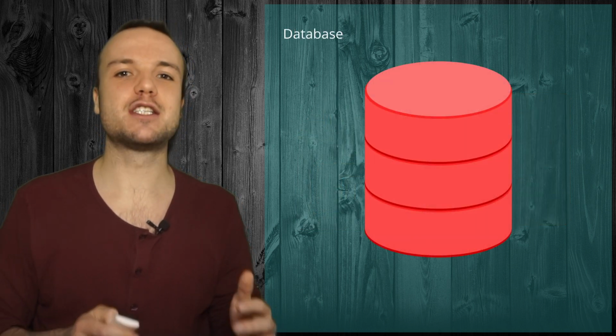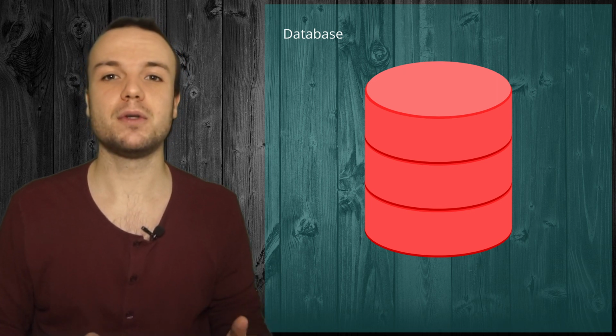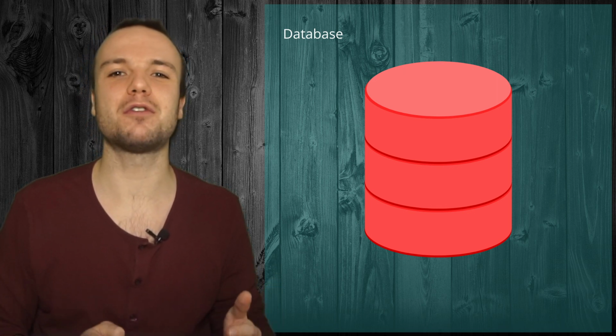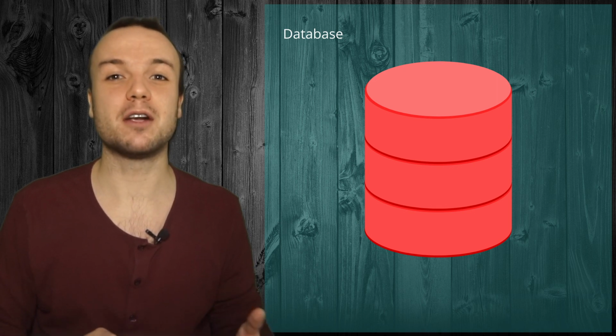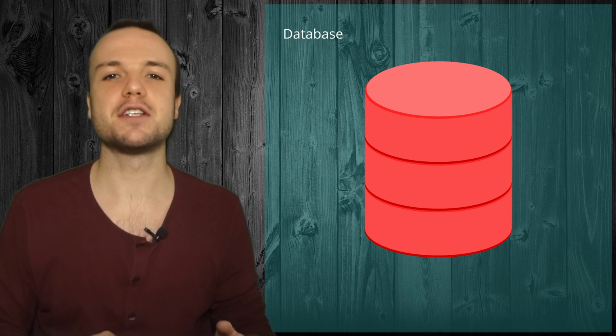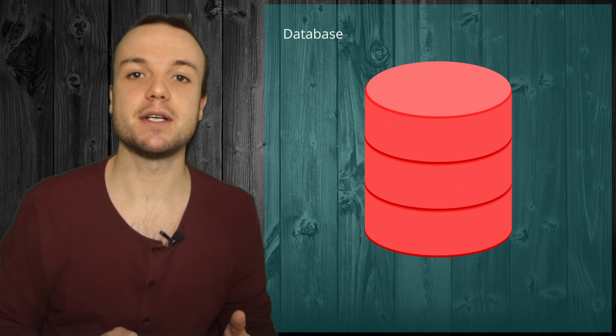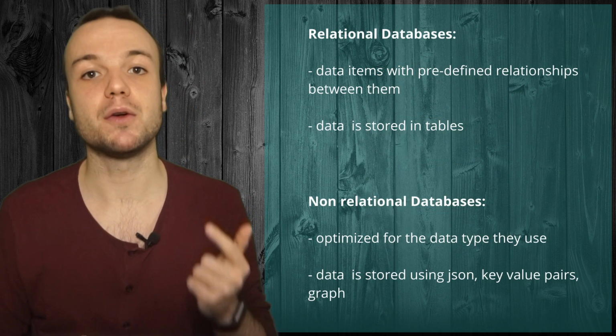The database is where you'll persist the information. If you think of Facebook as an example, their databases will contain all the information about the users and the posts they created, on top of a lot of other information. There are several technologies that are used for databases, mostly divided into two main categories: relational and not relational databases.